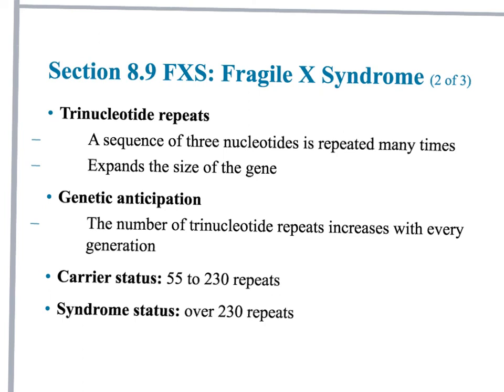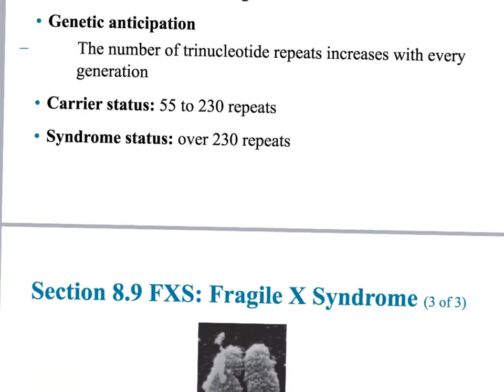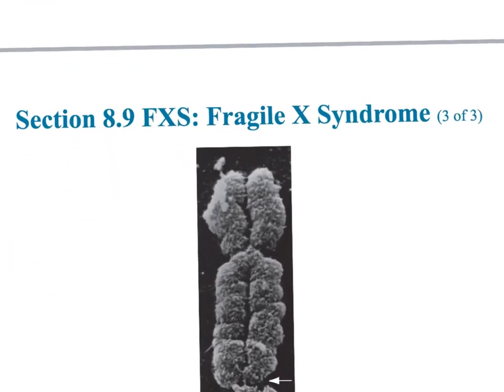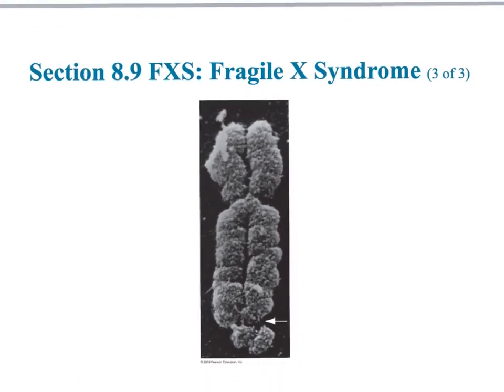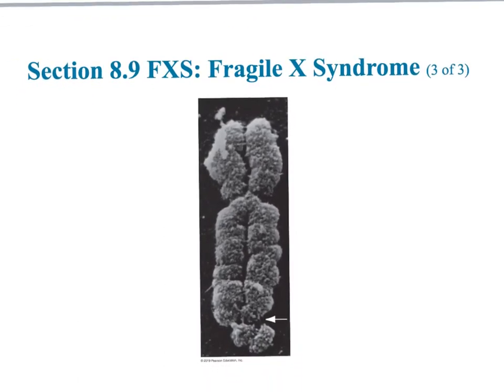A carrier of Fragile X syndrome has 55 to 230 repeats, but they're not affected. They don't have the syndrome at that point. But when you are diagnosed with Fragile X syndrome, it's because you have over 230 trinucleotide repeats. And you can see some of the breakage points right in this part here. You can see the twists and turns and changing of the chromosome right there.